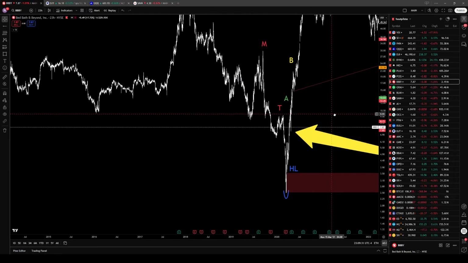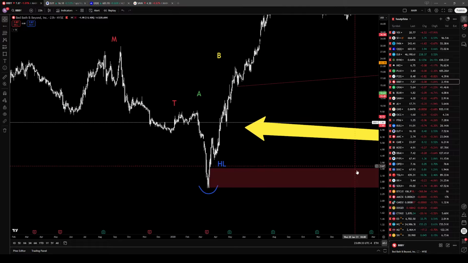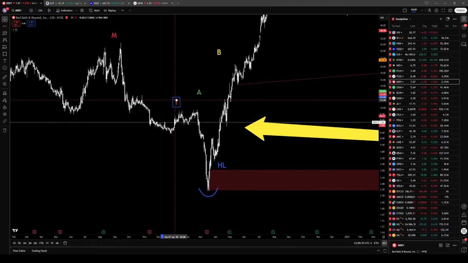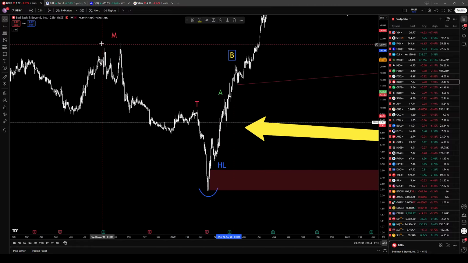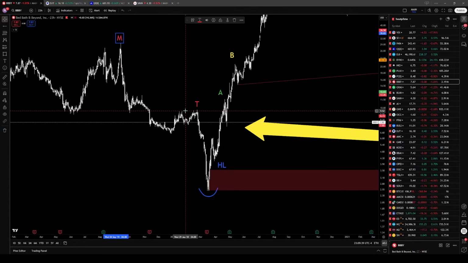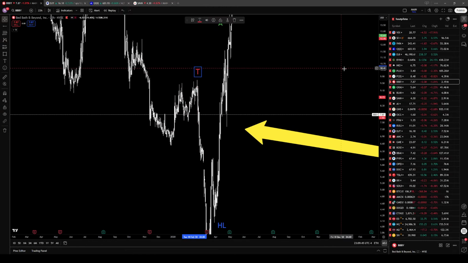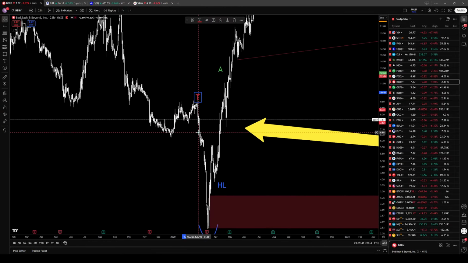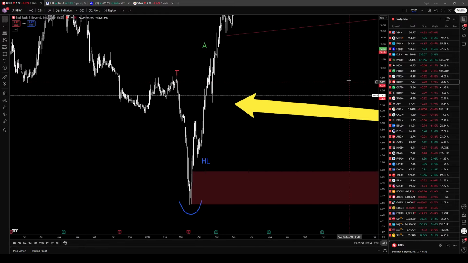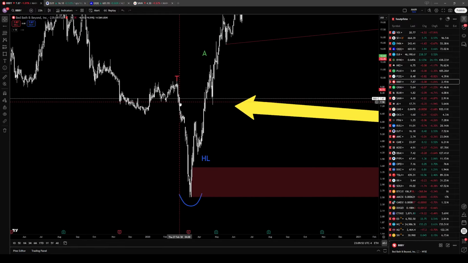It's the same like 2020. You come from your M, you come up again, you do your M pattern or W pattern, and then you knife. And in my opinion, we are right here.